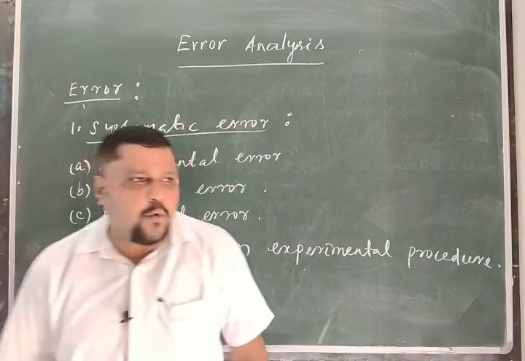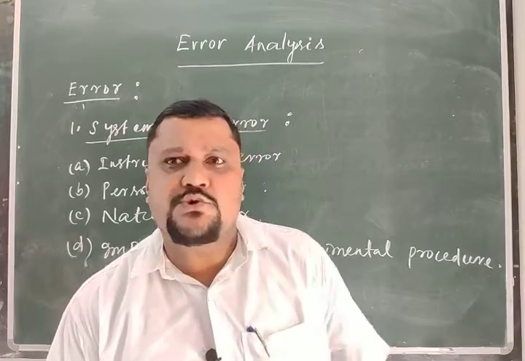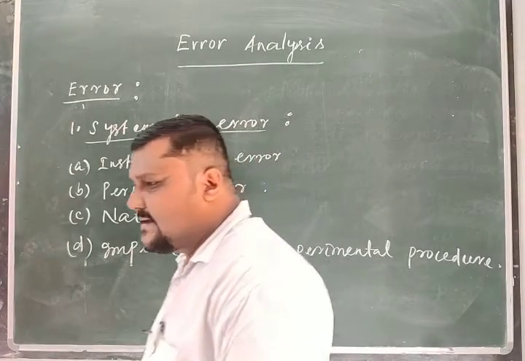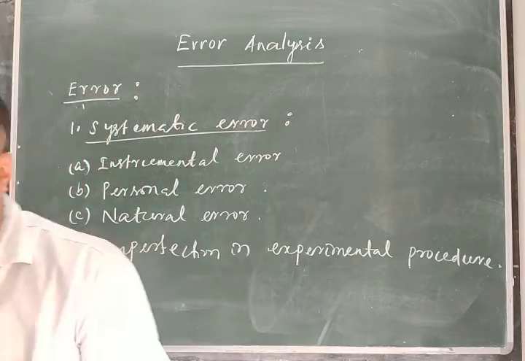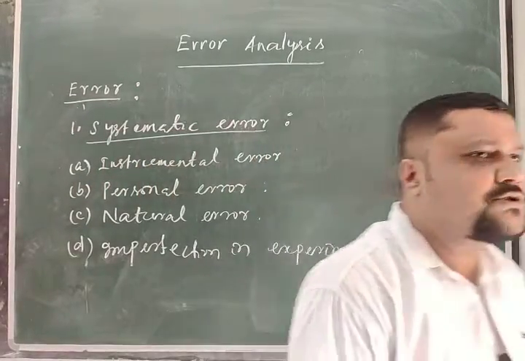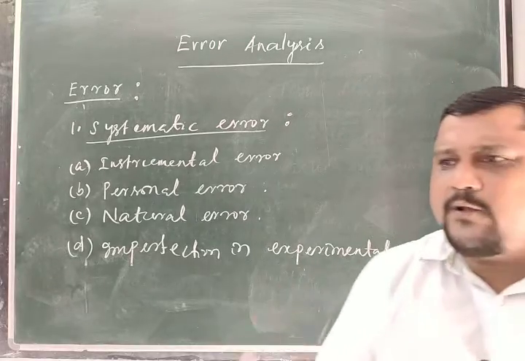To measure the force acting on a body, we should measure the mass and the acceleration produced in the body, then multiply them, and I will get the value of force.